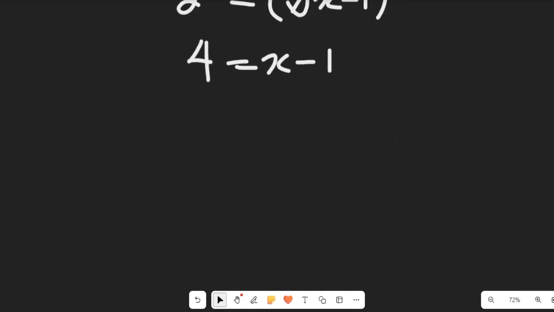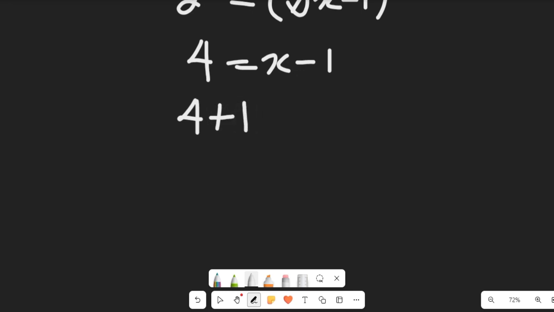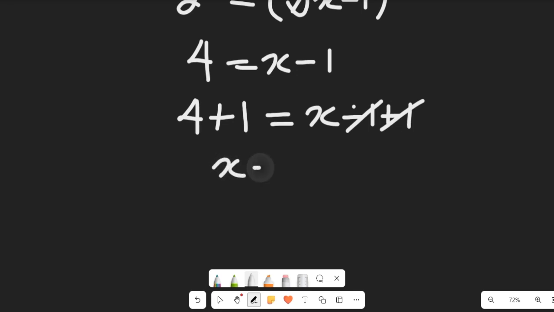From this expression, if we add 1 to both sides, we have 4 plus 1 equal to x minus 1 plus 1. Minus 1 plus 1 clears off, and then we'll have x equal to 5.